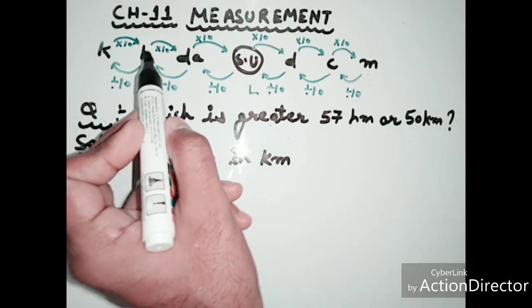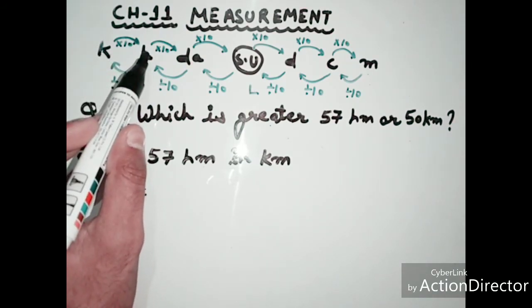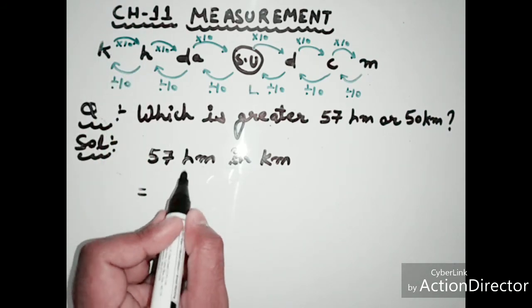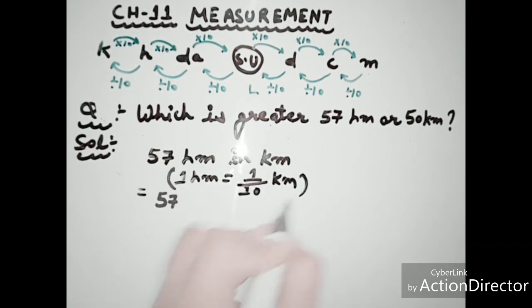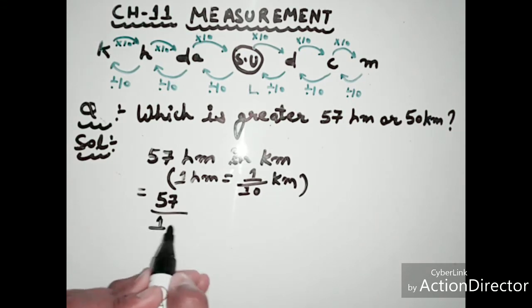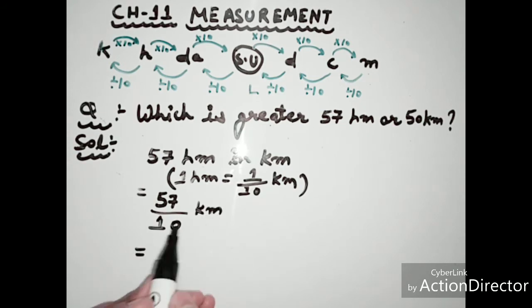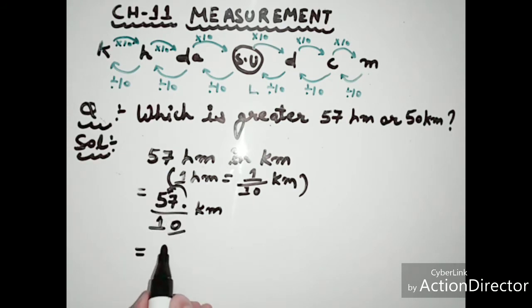So 1 hectometer equals, it moves lower to higher units, so 1 upon 10 kilometer. Now 57 divided by 10. When we divide 57 by 10, the decimal place is here and the denominator has 1 0. So it moves to the left hand side one place. So we get 5.7 kilometer.